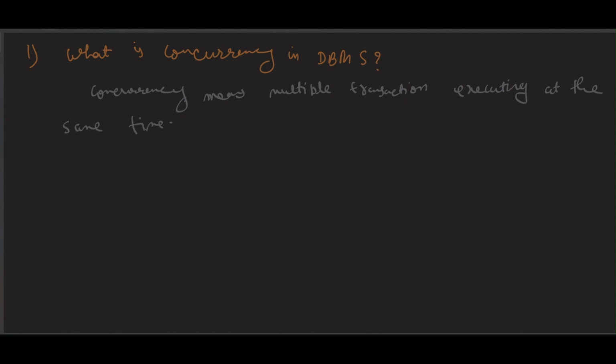So this is called concurrency. Without proper control, it causes data anomalies. Okay. And concurrency control ensures isolation and consistency in a multi-user environment.